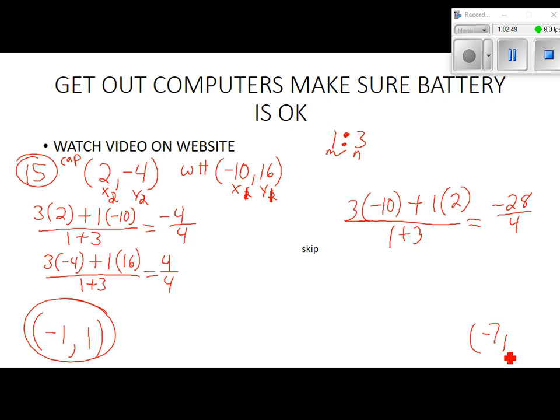And then same idea here, right? The 16 and that -4 are gonna switch. So 3 times 16 plus 1 times -4 divided by 1 plus 3. Is that confusing anybody that I switched the 1 and the 3 every single time? It doesn't matter on the bottom, right? 3 plus 1, 1 plus 3 is the same thing.